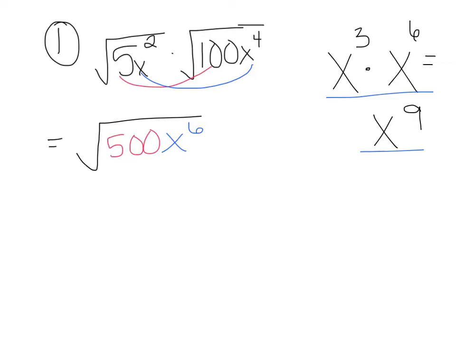Now if we think back to our first video about radicals, we're going to break this apart. So now I have the square root of 500 and the square root of x to the sixth.